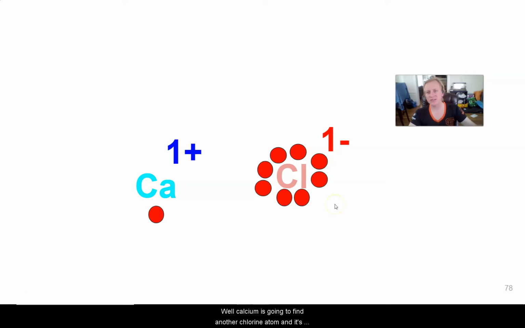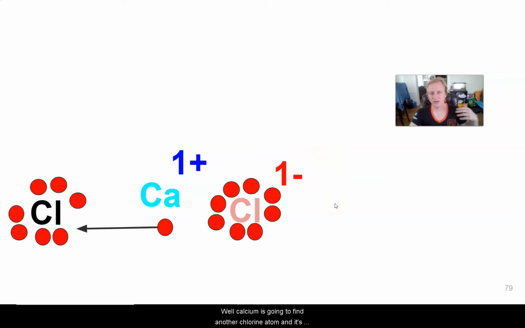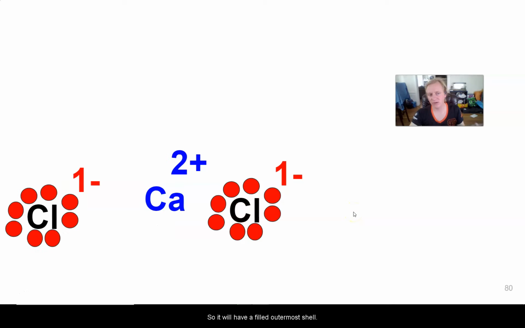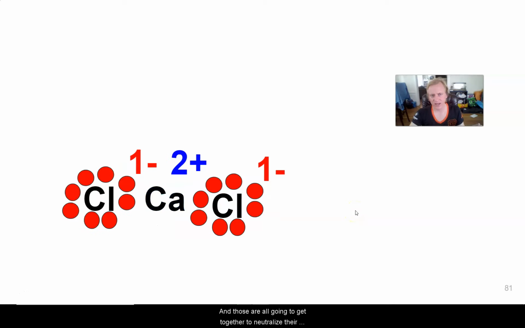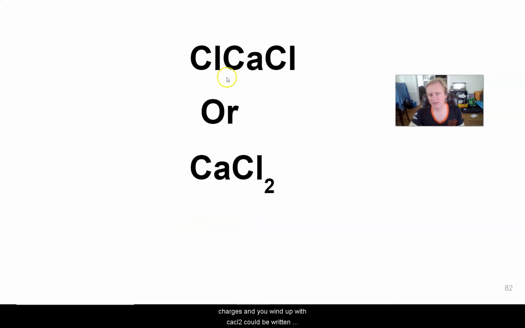But so what's calcium going to do? Well, calcium is going to find another chlorine atom, and it's going to give away its last electron. So it will have a filled outermost shell, and those are all going to get together to neutralize their charges, and you wind up with CaCl2, which could be written like this. No one writes it like this.